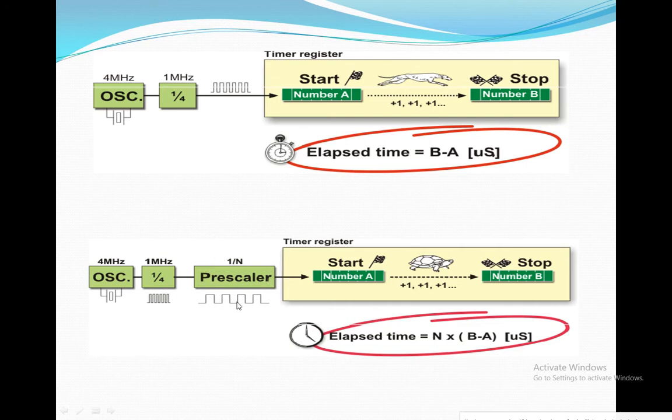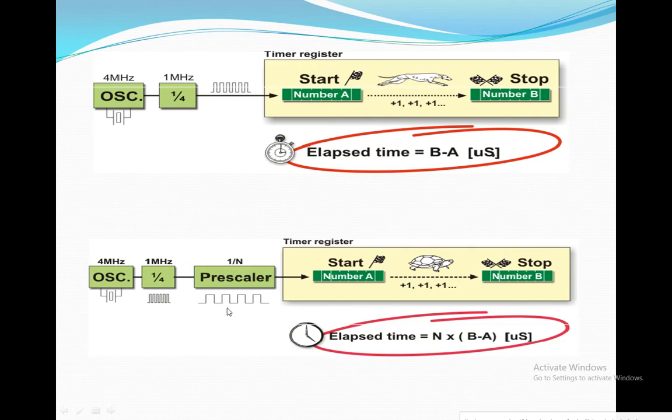That means your oscillator frequency will first be divided by 4, because one machine cycle has 4 clock pulses. Then this frequency is divided again by 256 for the maximum time delay generation, if we go for the 1 to 256 pre-scaling option.